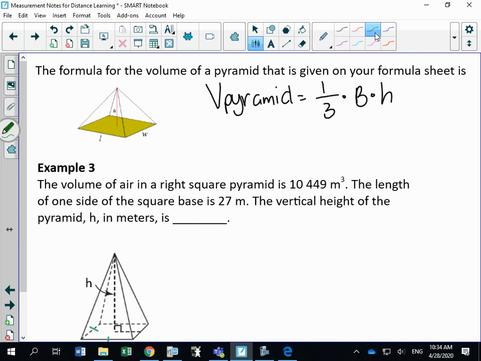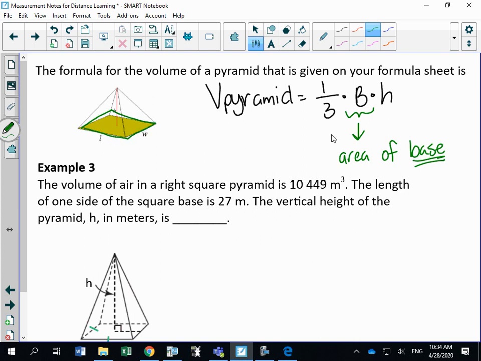You need to know what big B is, and big B is the area of the base. If you look at a pyramid, it is sitting on either a square base or a rectangular base.